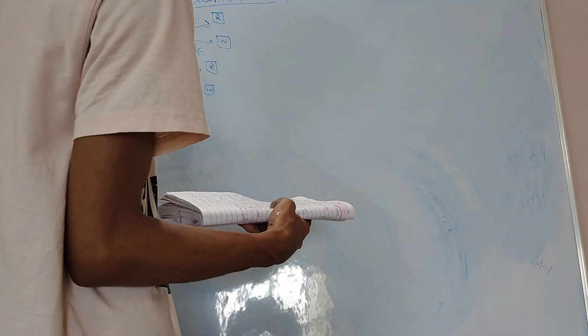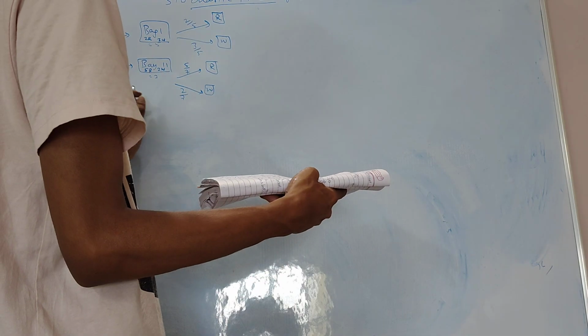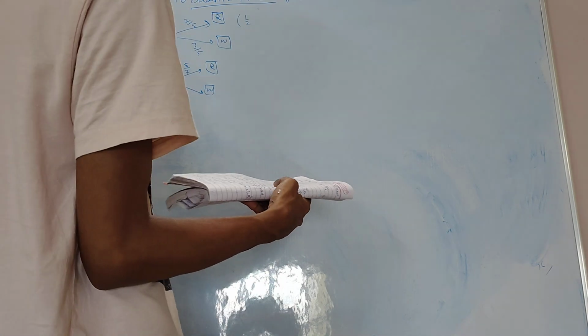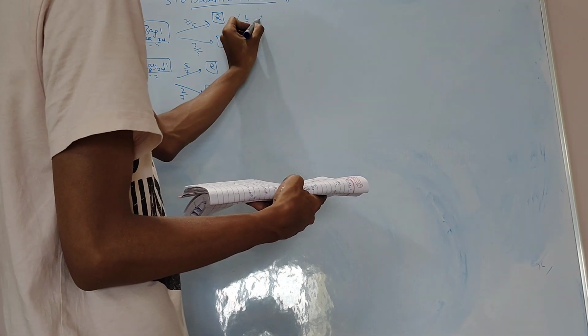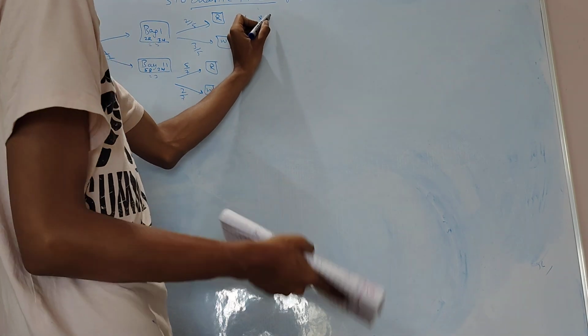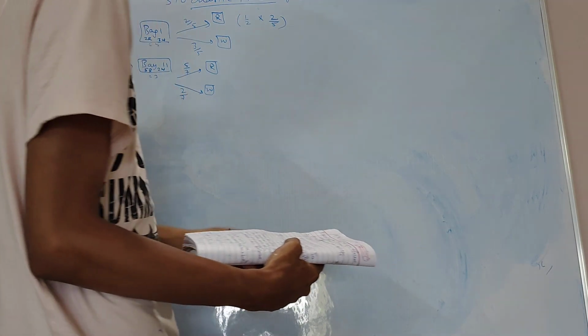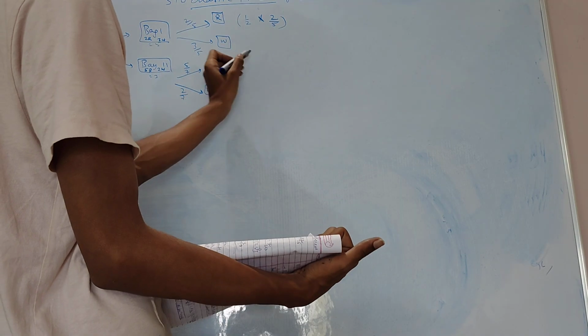Now, the probability of overall getting a red ball will be 1 by 2, because I have chosen bag 1, and then multiply by 2 by 5, because it is happening at the same time. This is not an independent event, this is a dependent event, so I am using multiplication here.